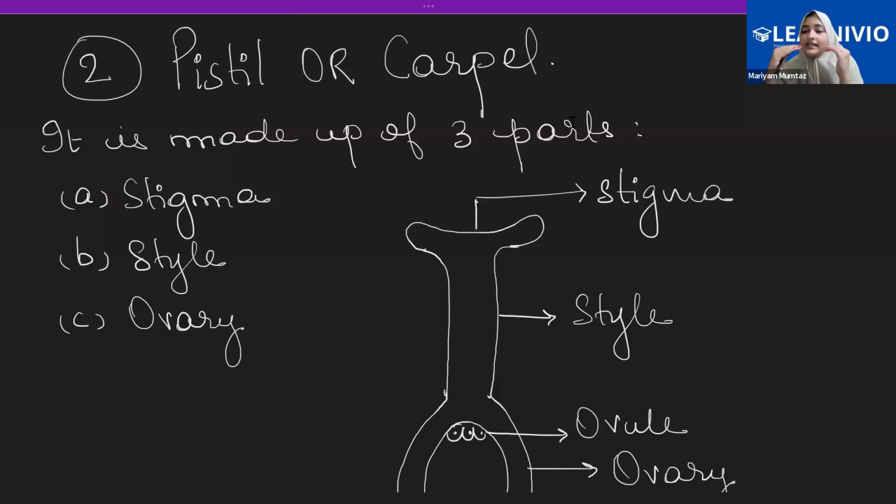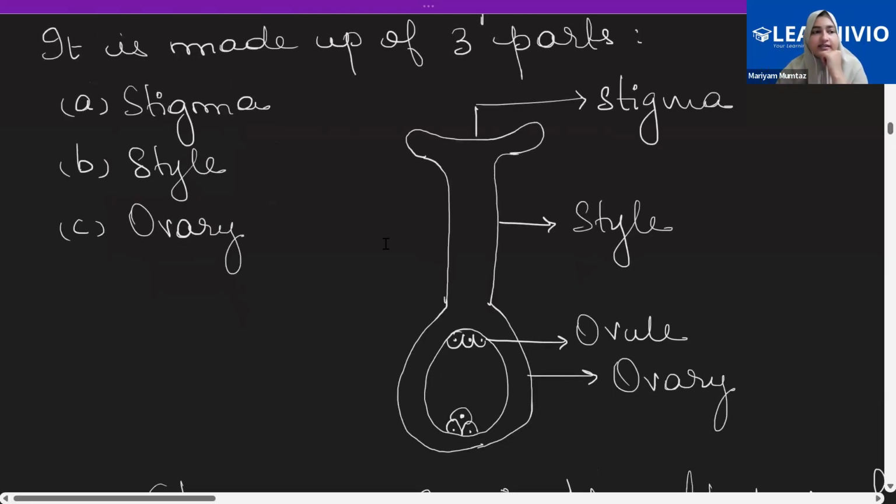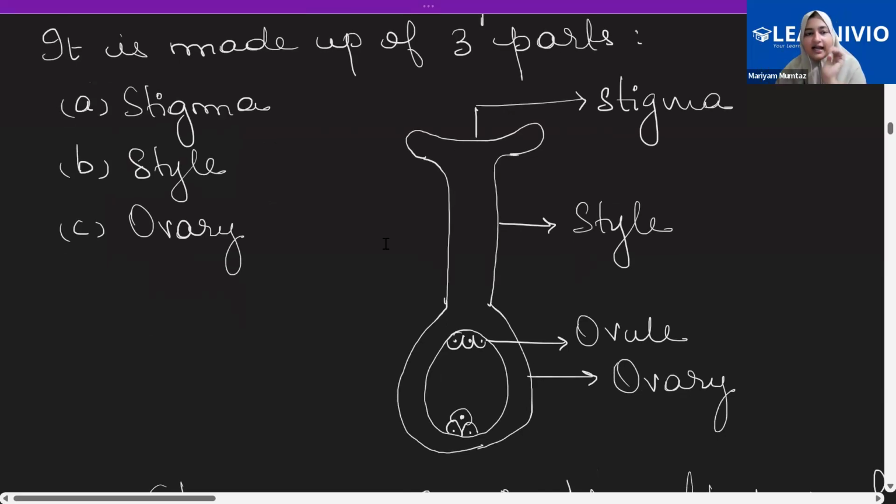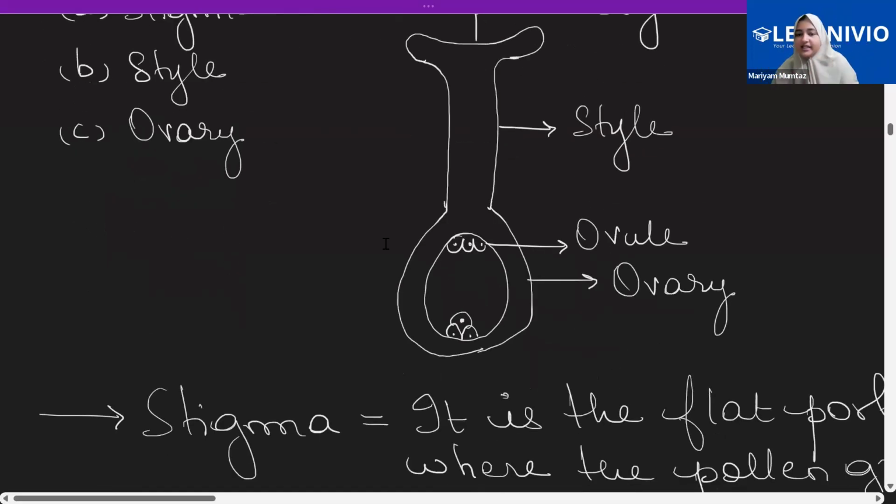Now stigma is the flat landing portion, the part where the pollen grain comes and lands. Understood? Furthermore, there comes the style. Now style is that portion which connects the stigma to the ovary. Lastly, the basal bulgy part that you see right here, this is the ovary.